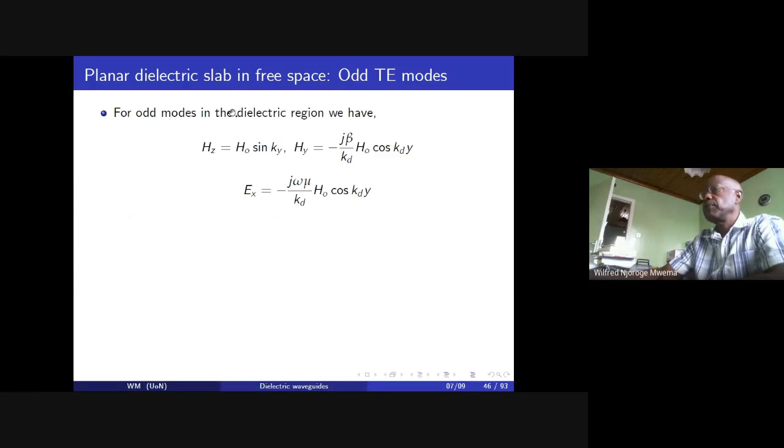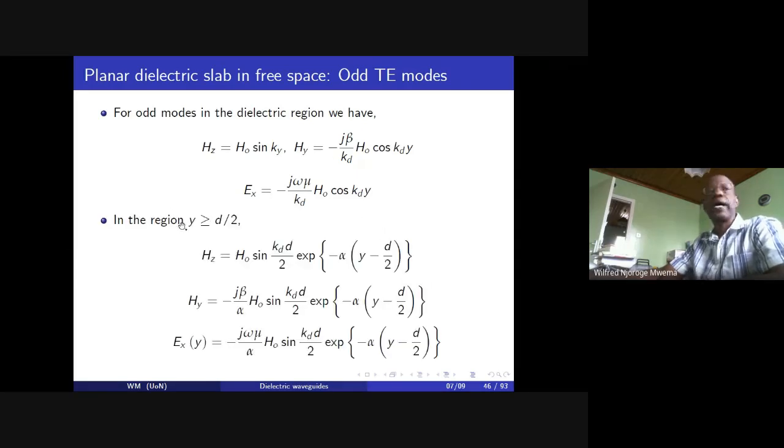And we can therefore write that for odd modes in the dielectric region, we have Hz equal to h odd sine kd y, and Hy equal to minus j beta by kd, h odd, cosine kd y, and Ex will of course be given by that expression. This of course is obtained from the reduced Maxwell's equations.